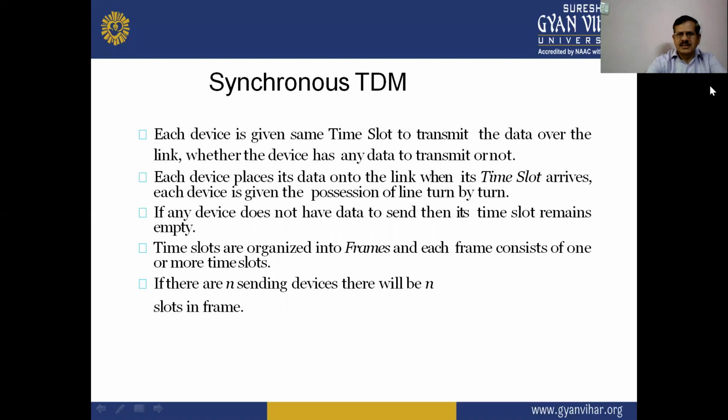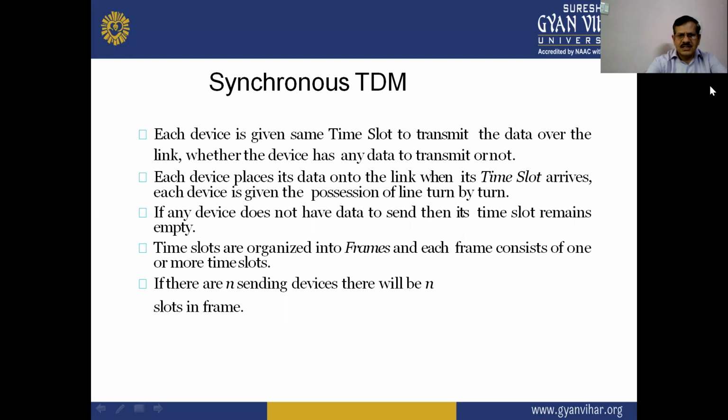If any device does not have data to send, its time slot remains empty. So time slots are organized into frames and each frame consists of one or more time slots.